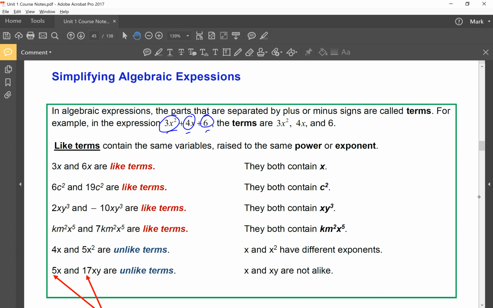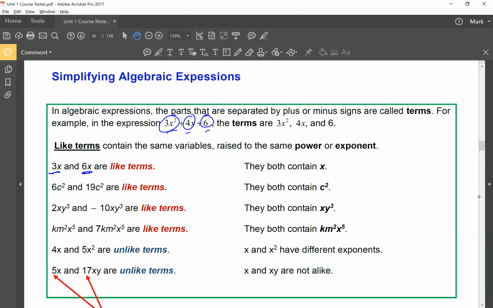Like terms have the exact same variables and exponents. The numbers don't matter. Coefficients do not matter. We're looking at the exponents and variables. 3x and 6x are like terms. Remember what I said a few classes ago? And if you weren't here, I'll just say it again.